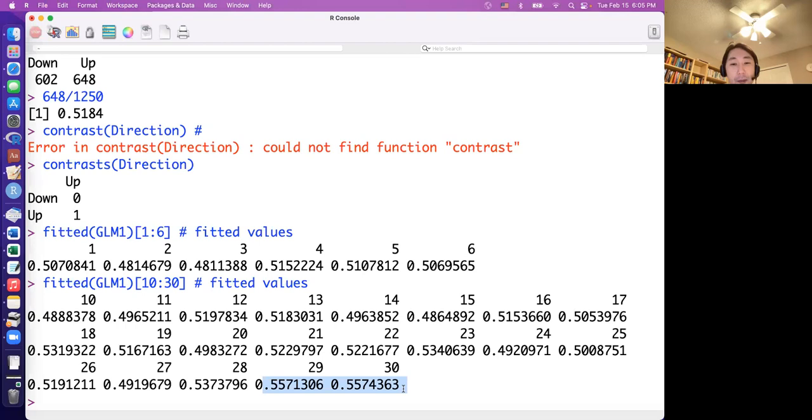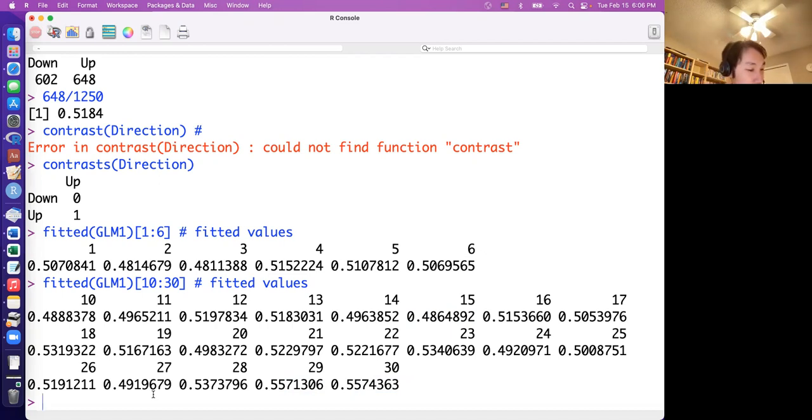So sometimes we have a probability of almost 56%. So this is pretty high. 48% isn't really good when the average is 51.8% up. So some days are good and some days are bad.